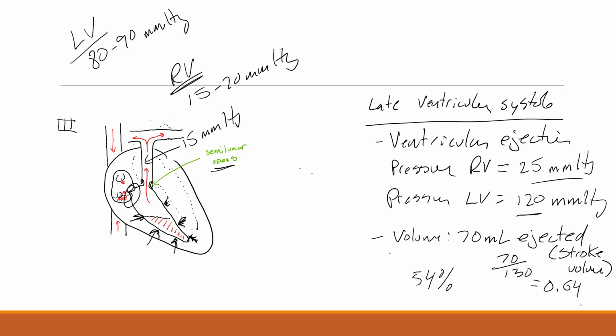What I just calculated for you there, 54% ejected, is actually referred to as the ejection fraction, otherwise known as the EF. A normal ejection fraction for people is somewhere between 50 and 65% of their volume in the ventricle. So if it started with 130 and they ejected 70, they have an ejection fraction of 54%, and that's within the normal range.